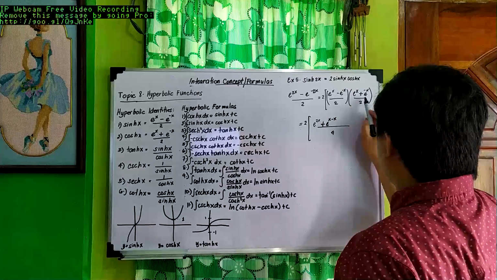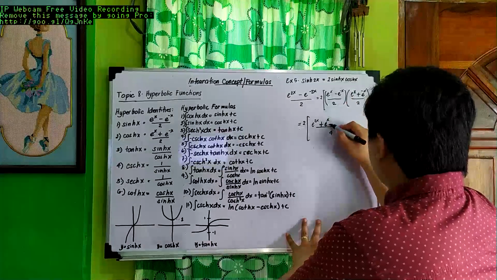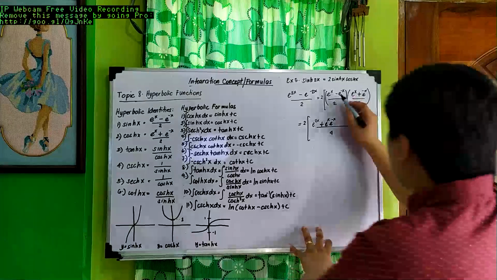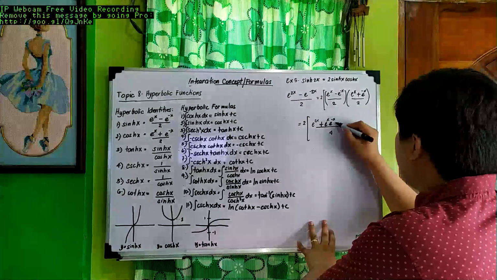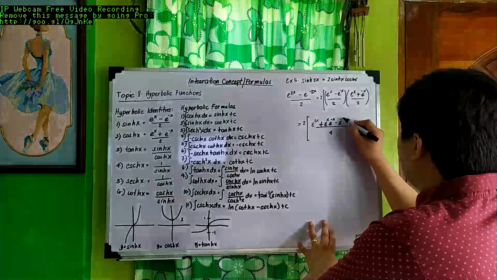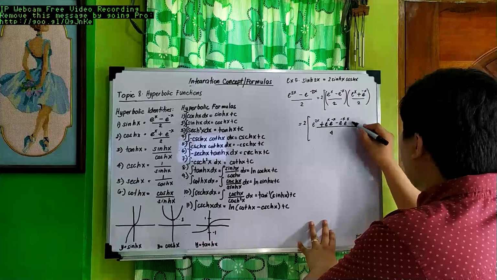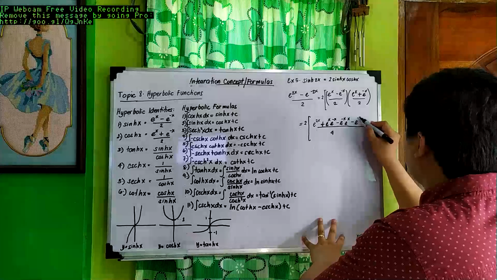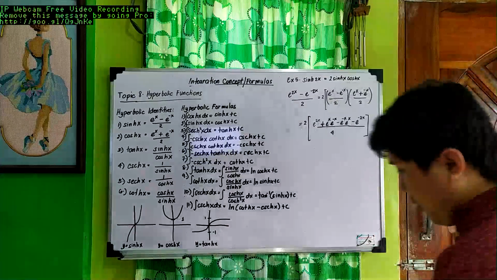This one multiplied with this one. Or we have that one, negative x, so that it is clear for you. Negative e raised to the power of x times e raised to the power of x, so that is negative e to the power of x minus x. Then we have negative e raised to the power of negative 2x, because we have power.